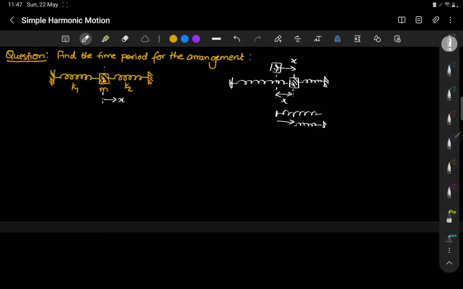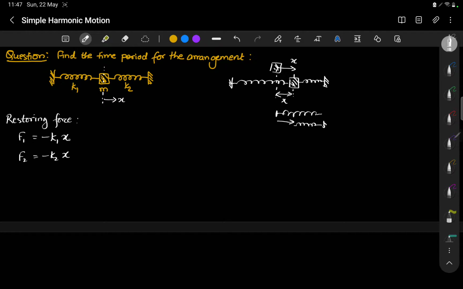So let us write down the restoring force. The restoring force for the first spring would be minus k1 times x, and in the second spring it will be minus k2 times x.